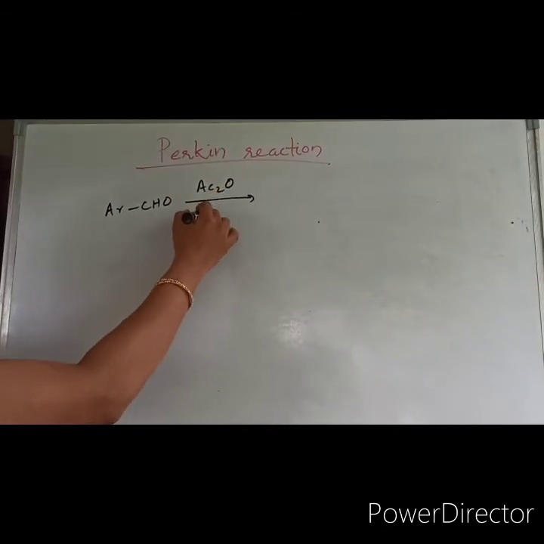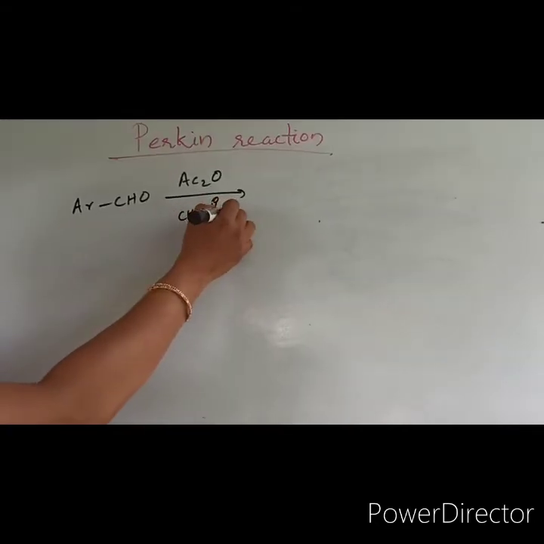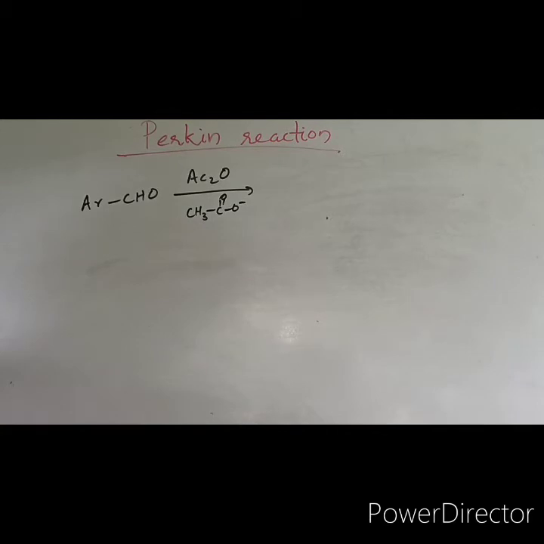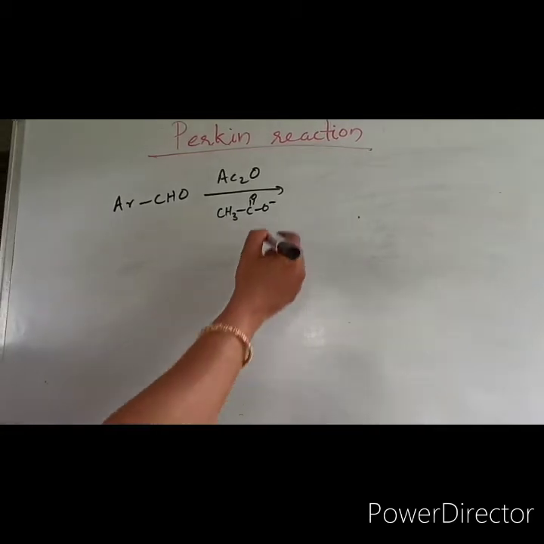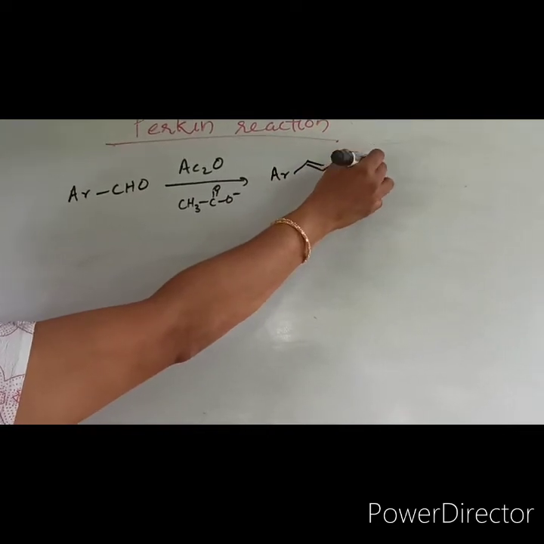So this is acetic anhydride, so its anion will be CH3COO minus, and the product would be, as I said, an alpha beta unsaturated acid.